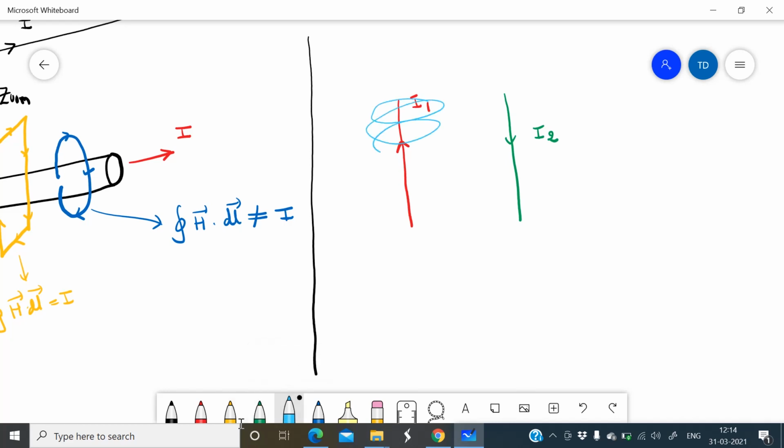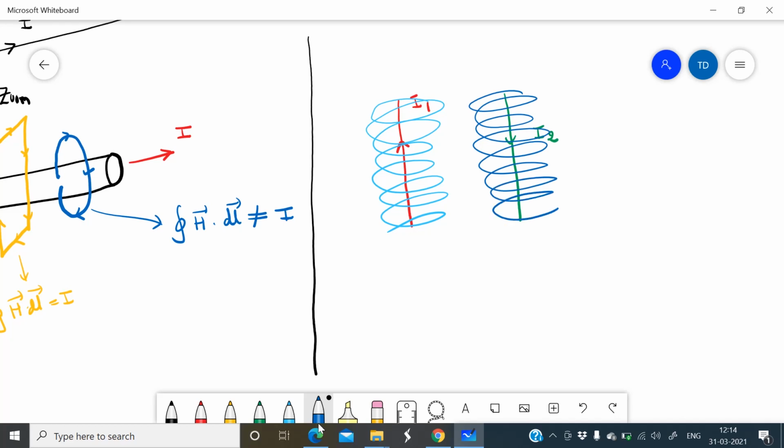From the first wire the magnetic field is generated in this direction, and from the second wire the magnetic field is generated in this direction. Now I have to consider a closed path. If I see these wires from the top side, these two wires look like one point each, so there are 2 points here.